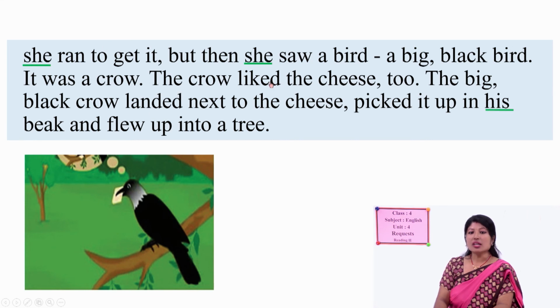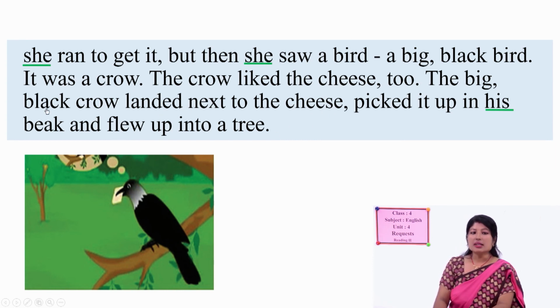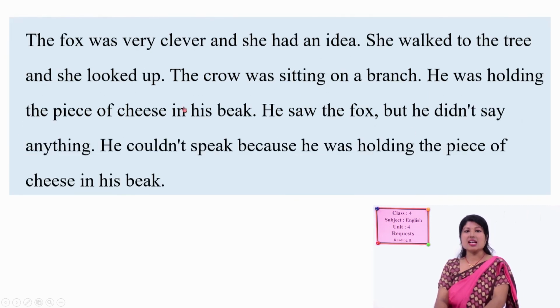The crow liked the cheese too. The big black crow landed next to the cheese. Now crow is male, right? Crow is male. That's why he's big. The fox was very clever, and she, right? She over here.